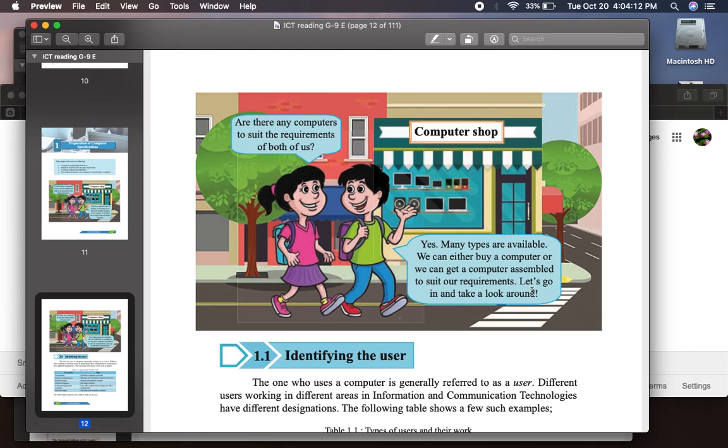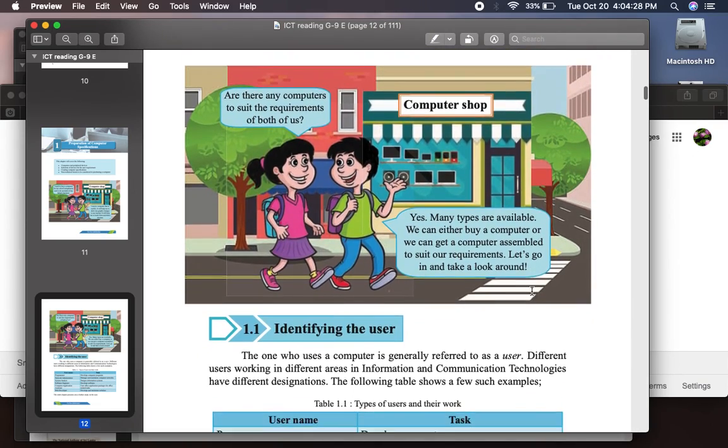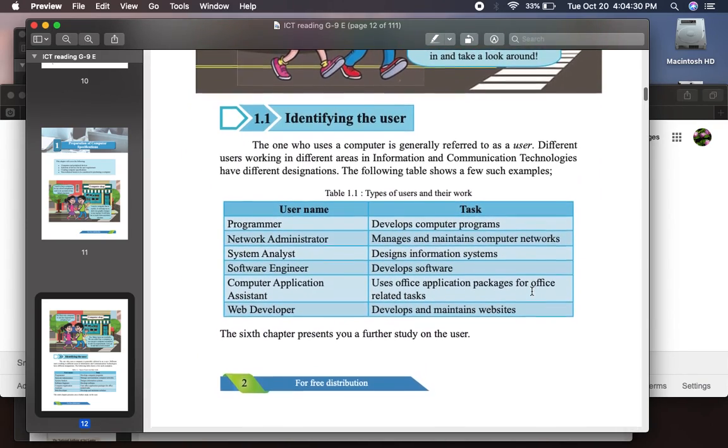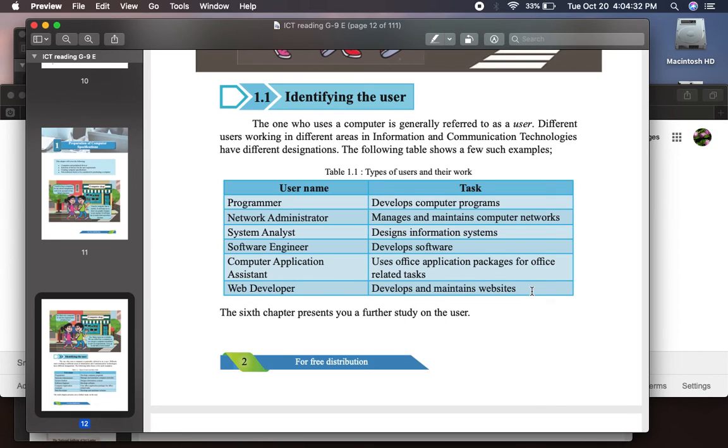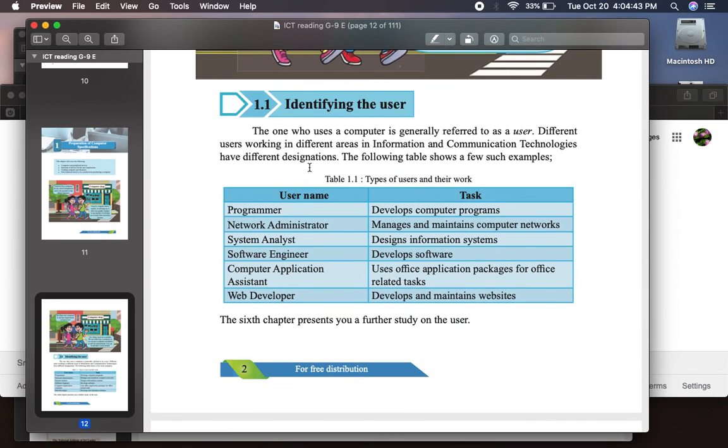The girl's requirements are different to the boy's requirements, but they both want a computer. And there are different types of computers also. So let's see what lesson 1.1, identifying the user, continues to educate us on.